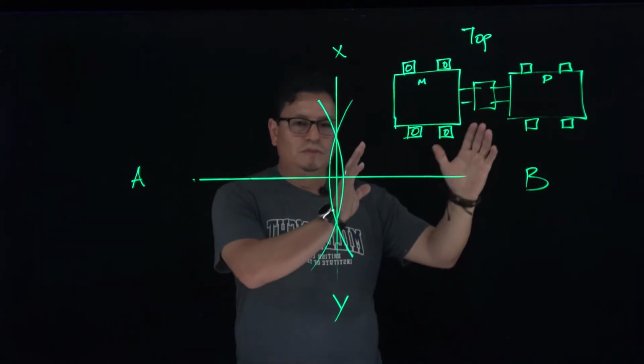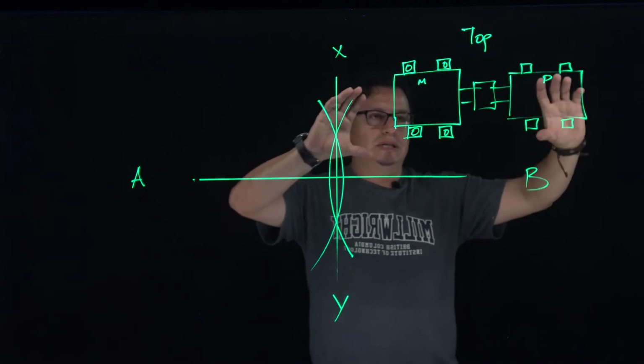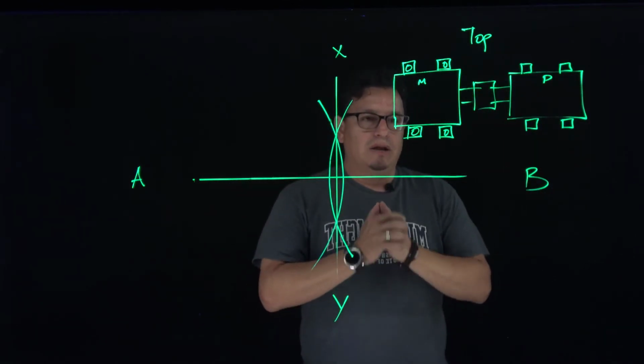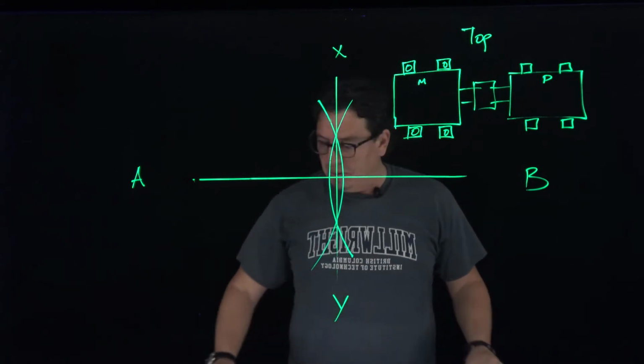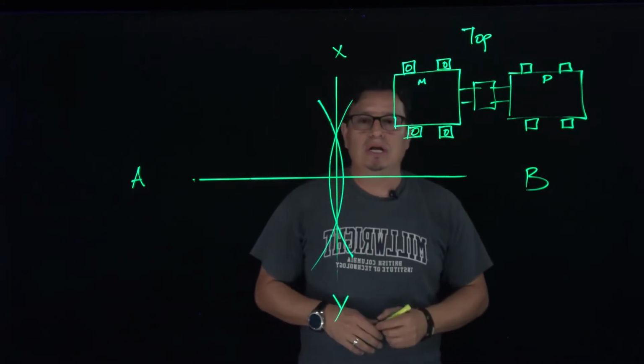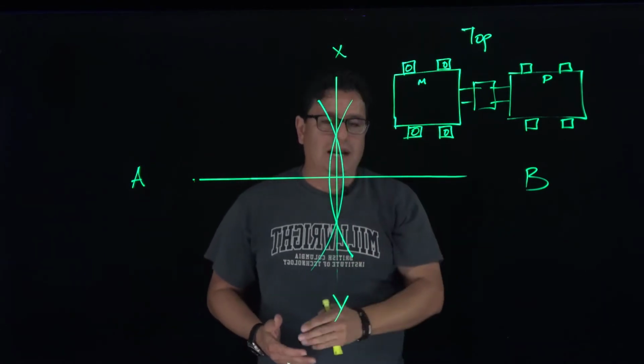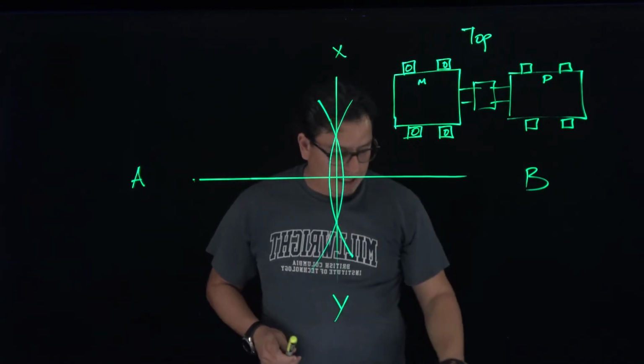So what we have here now is this motor and pump that need to be placed, and for you to place it perfectly aligned, you need to have knowledge of straight edges and straight lines, and you transfer these.